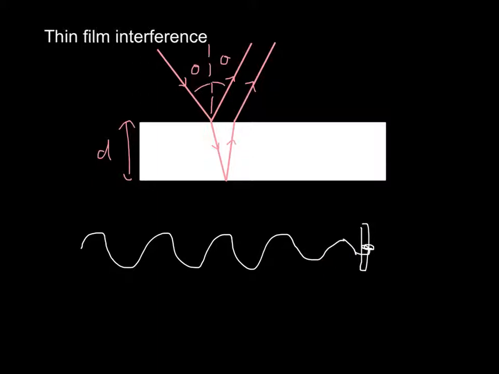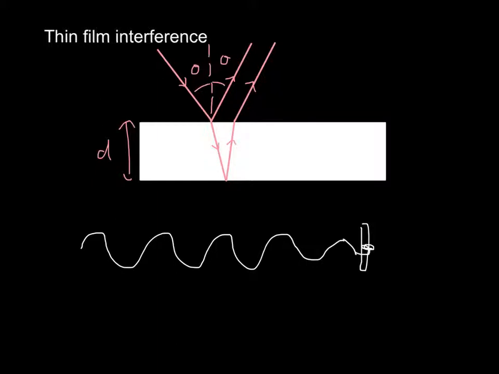It would be coming up as a crest, and it would be coming back as a trough. So basically it was gaining a phase difference of pi. Remember that a phase difference just means this is 0 angle, this is pi, this is 2 pi, or you can say it gained a path difference of lambda halves. So basically by reflecting off here, we had to add a phase difference of pi or a path difference of half a wavelength.